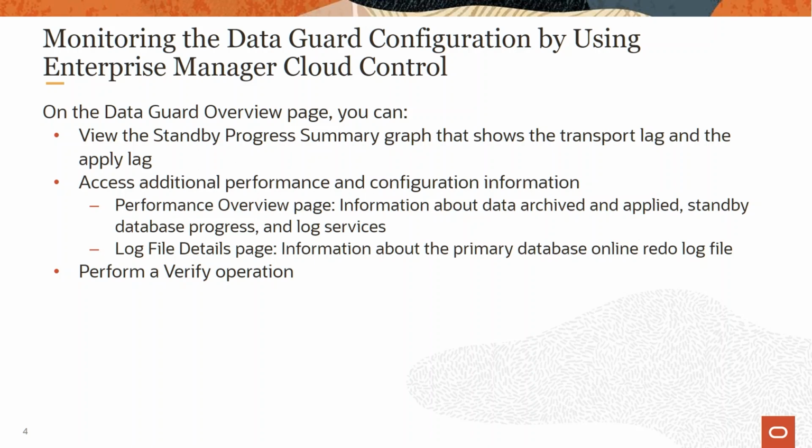And also you can check which log files are delivered but not applied yet, and which log files are not delivered. And you can perform a verification task to check the current status of a Data Guard Broker configuration.